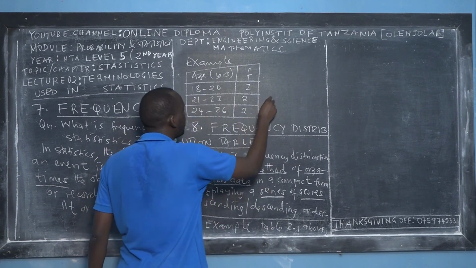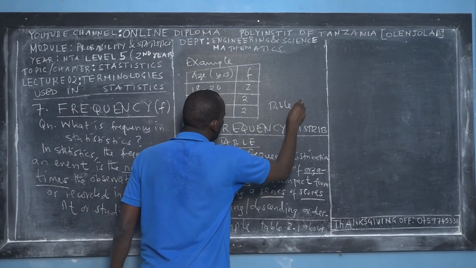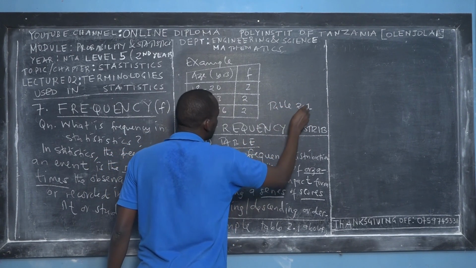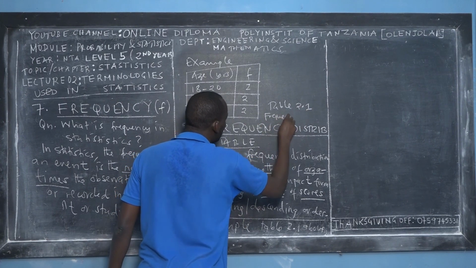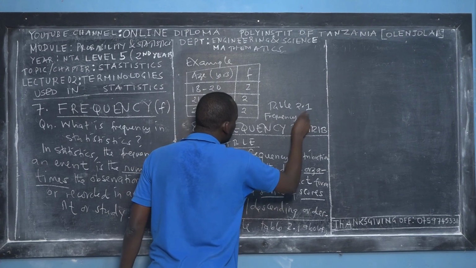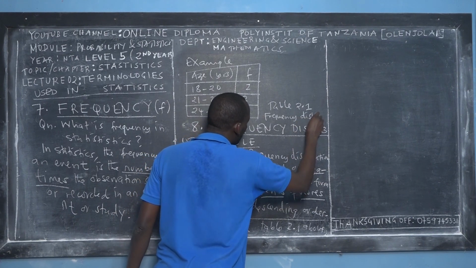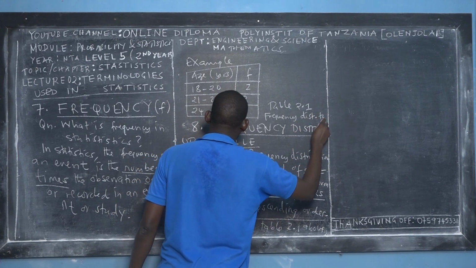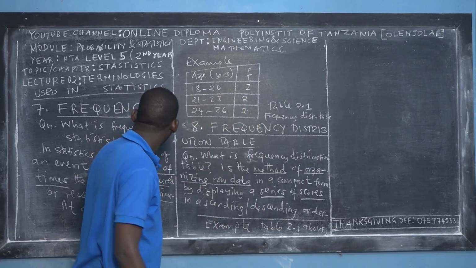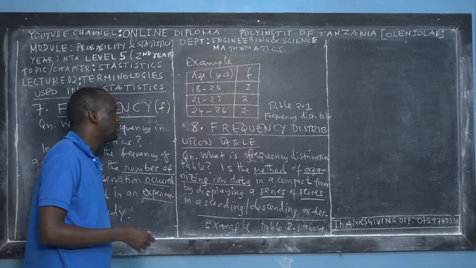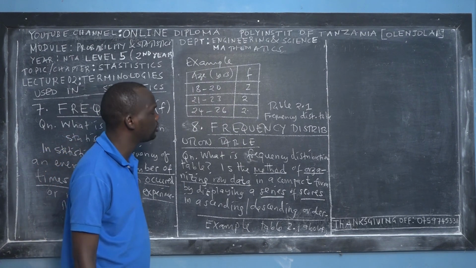This we call a frequency distribution table. Even the previous tables we call frequency distribution tables.